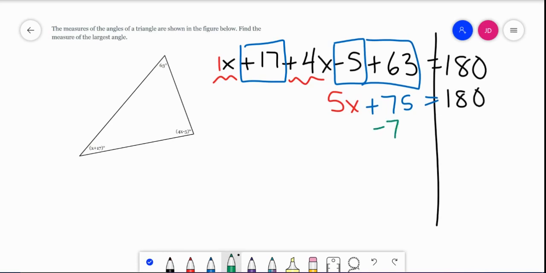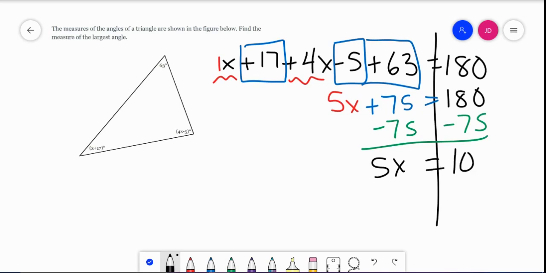Minus the 75 from both sides. And we get 5x is 105. Divide both sides by 5. And we get x is 21.